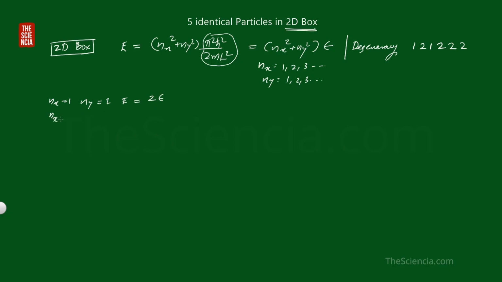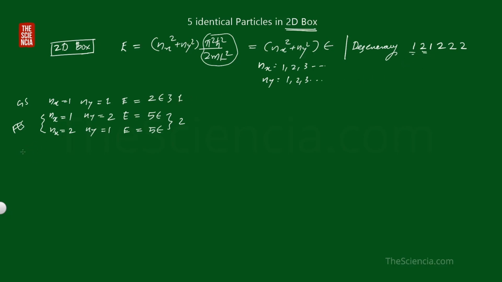And next, nx equal to 1, ny equal to 2, so the energy is 4 plus 1, that is 5E. Another combination is nx equal to 2 and ny equal to 1, then we will also get energy equal to 5E. This is the first excited state, and it is doubly degenerate. Here, this is the ground state and its degeneracy is 1. The first excited state is 2.